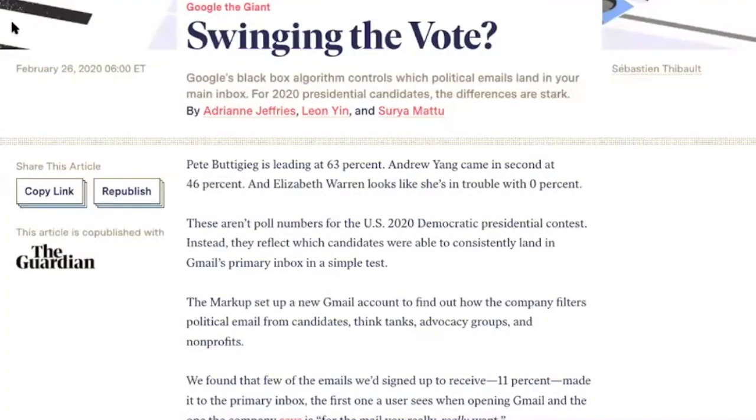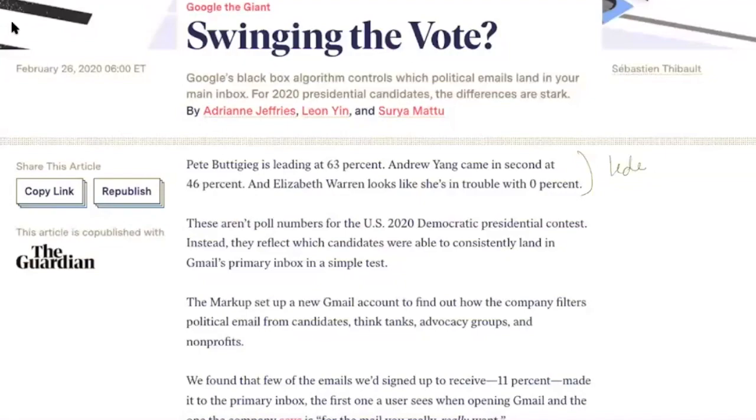So looking at the lead of this article, that's not the very most important thing of the article. Pete Buttigieg is leading at 63%, Andrew Yang came in second at 46%, and Elizabeth Warren looks like she's in trouble with 0%. So that's not the thing that you need to take away. That's not the nut graph, but it's the lead to hook you in.